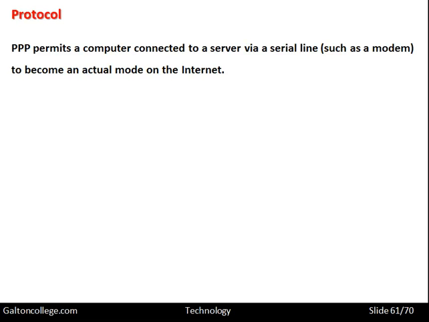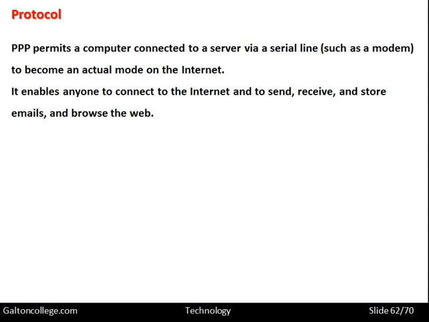If our computers are properly configured, we could add our computer to the stream of ways in which data can be sent over the internet, and our computer would then become a server. It enables anyone to connect to the internet and to send, receive and store emails or browse the web. That's what the PPP does.